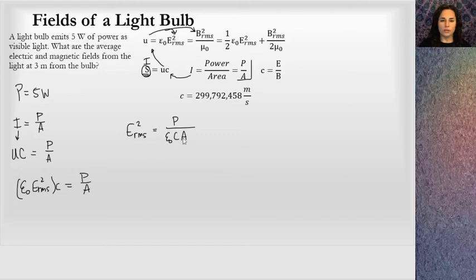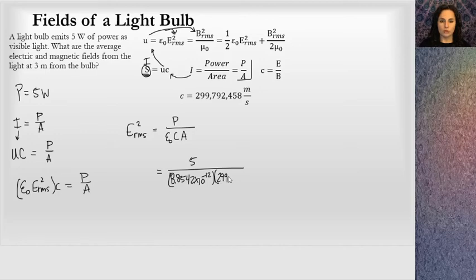One thing I'm going to do here, you can plug in epsilon naught and C. I guess that's not too big of a deal. The power is 5. Epsilon naught is 8.8542 times 10 to the negative 12th. The speed of light, you can put in 3 times 10 to the 8th.